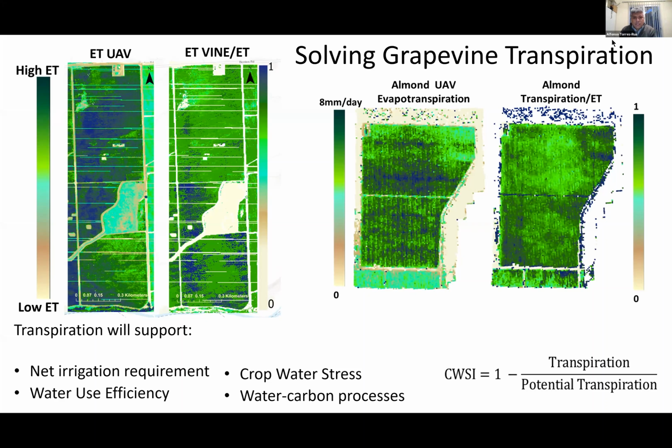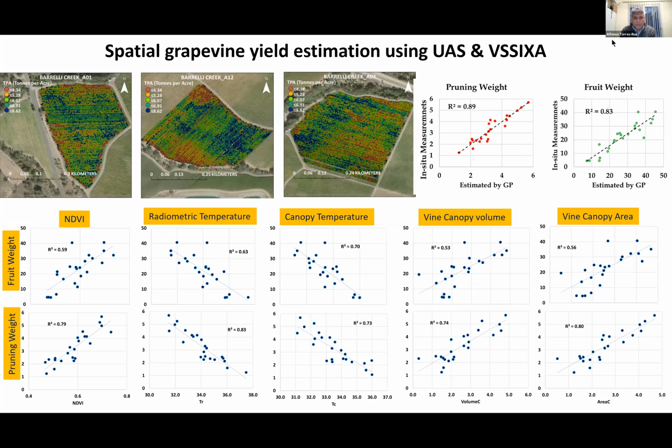One last topic is that the information provided from UAVs on reflectance, thermal, and point cloud information can be used also to estimate yield production. This is an additional project that we had with the GRAPEX team, where we were looking at the relationship between the pruning weight and fruit weight in grapevines with different parameters that can be derived by the UAV.